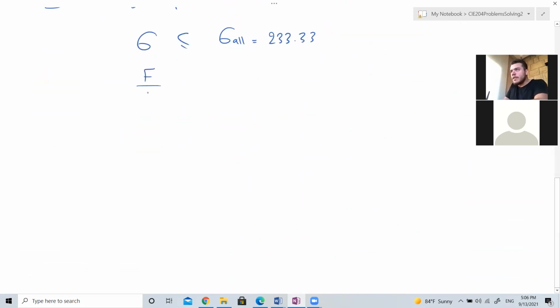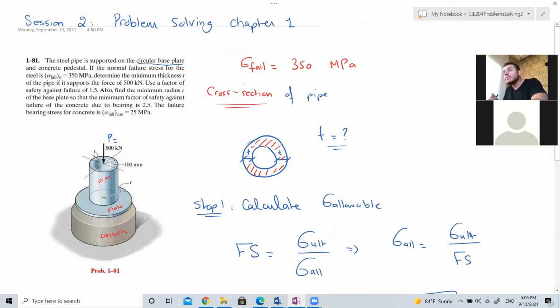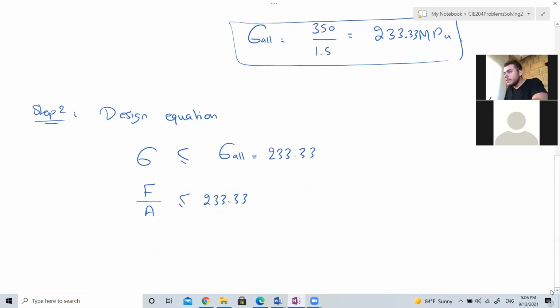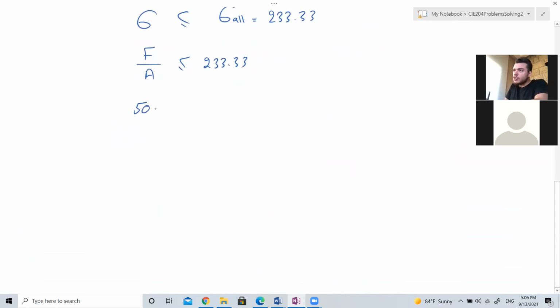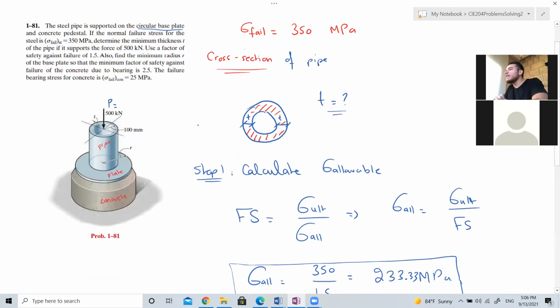It's the force over the area, less than or equal to 233.33. What's the force? 500 kilonewton. Thank you. But we need to convert it to what, Hassan? To newton. So we need to multiply by 1000 because this unit is in megapascal. Over the area. What is the area?